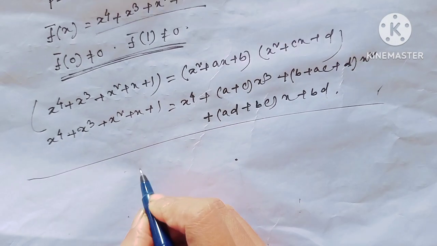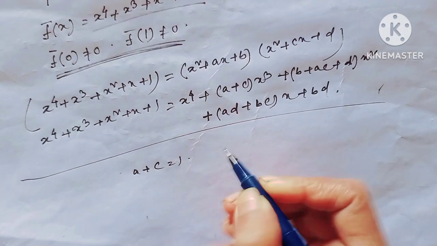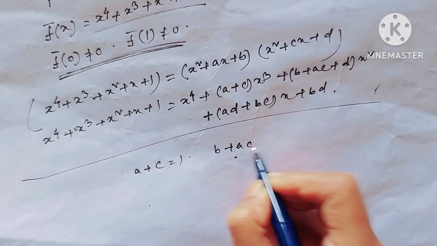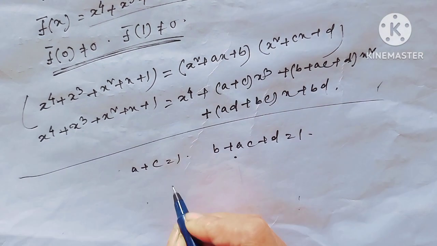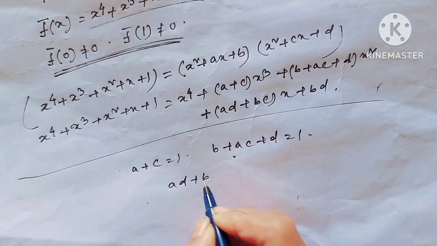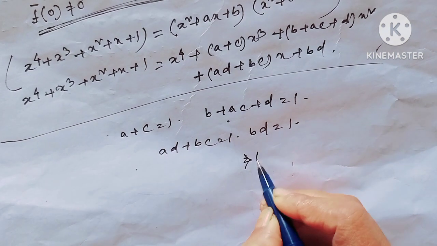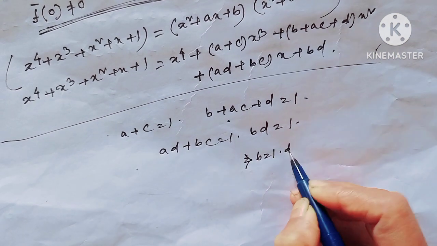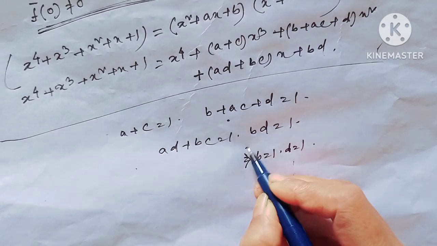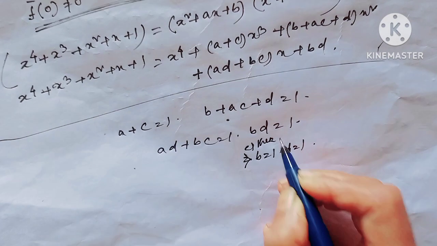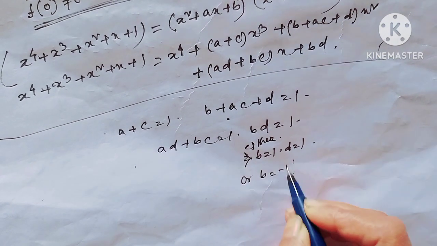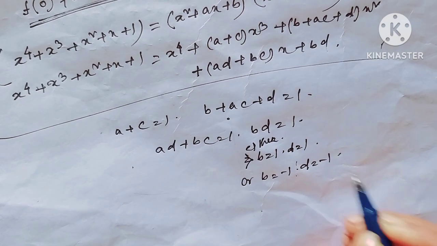Then I will get a plus c equal to 1, b plus ac plus d equal to 1, ad plus bc equal to 1 and bd equal to 1. bd equal to 1 implies b equal to 1 and d equal to 1, or similar to before, b equal to minus 1, d equal to minus 1.